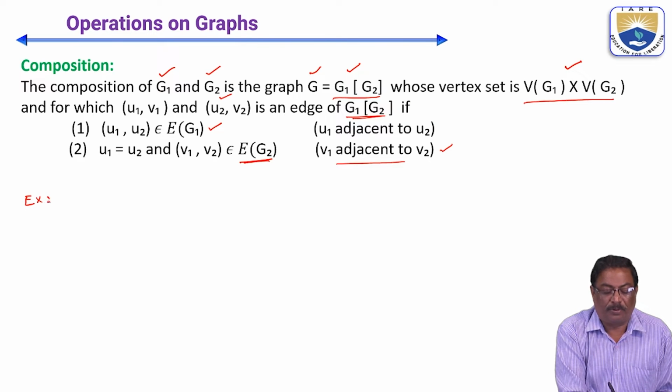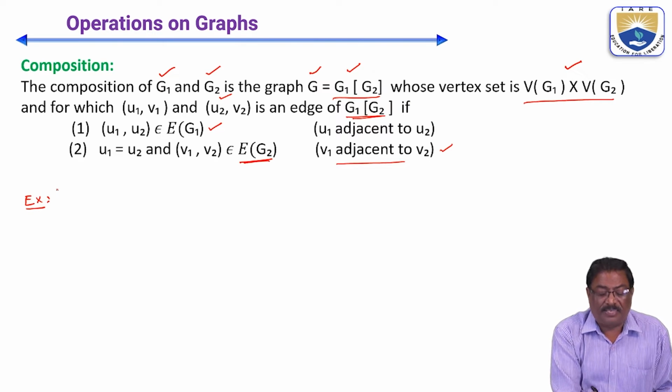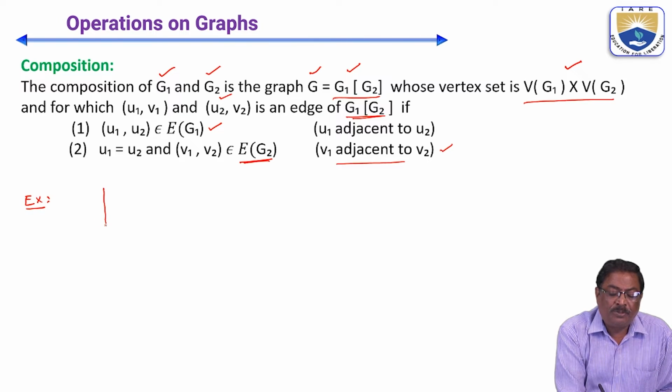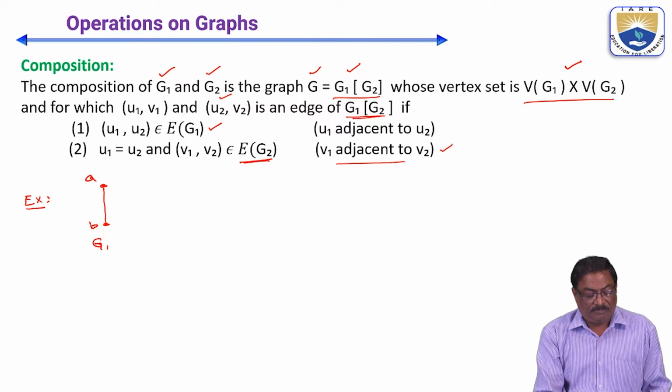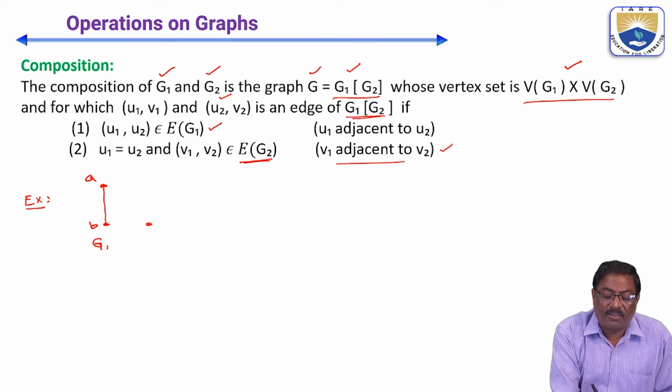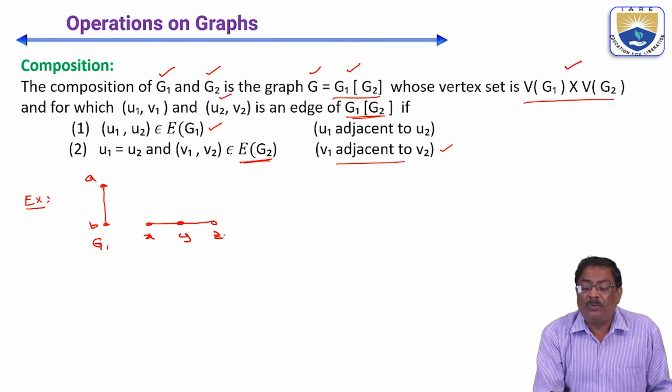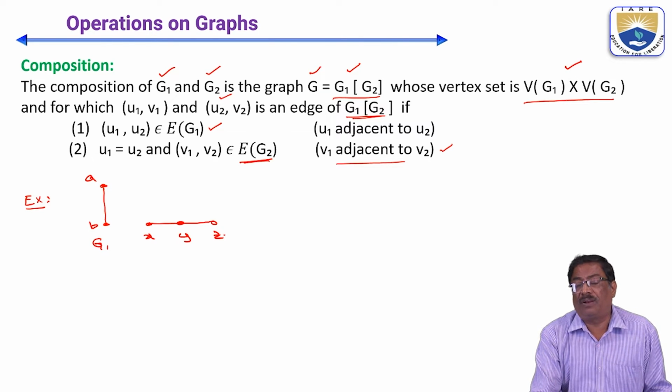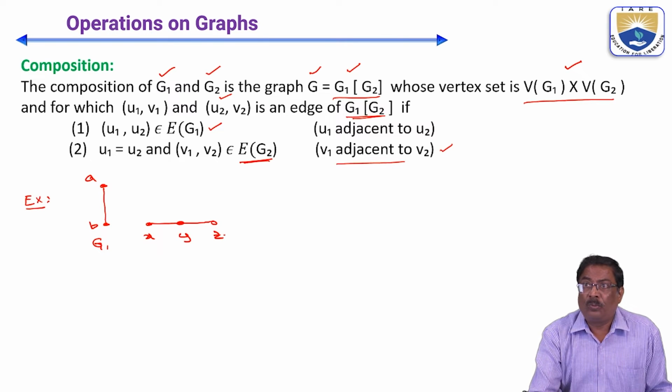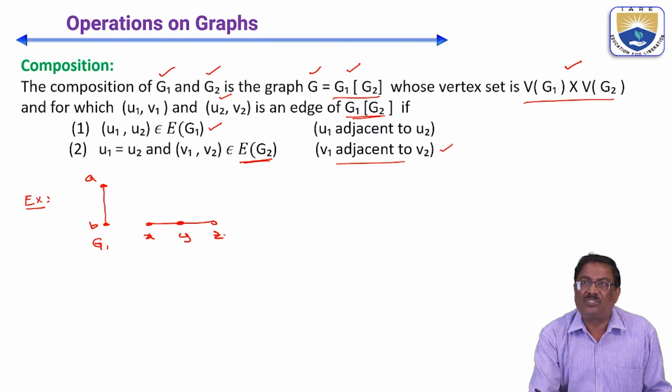By taking one example, let us consider G1, a graph having two vertices A, B. Next, G2, let us take another graph having three vertices X, Y, Z. So now G1 of G2 consists of the vertex set V of G1 cross V of G2.